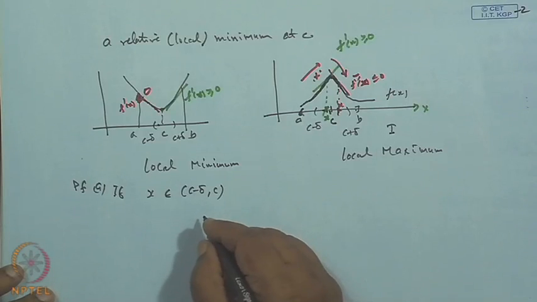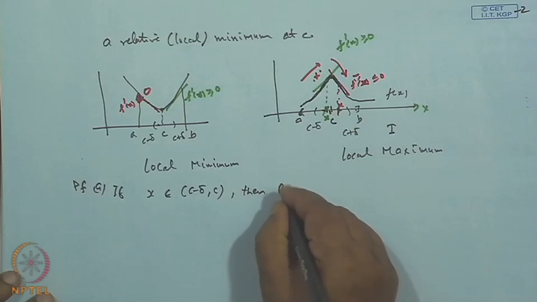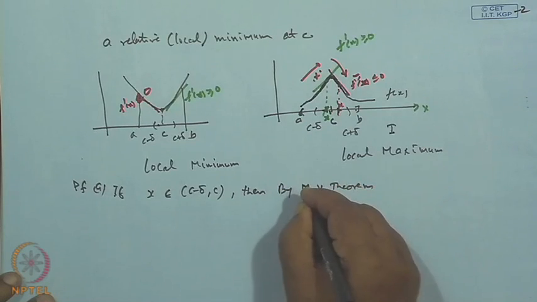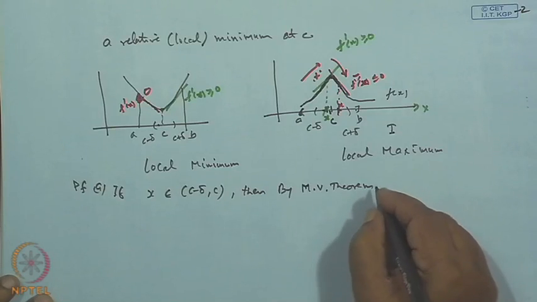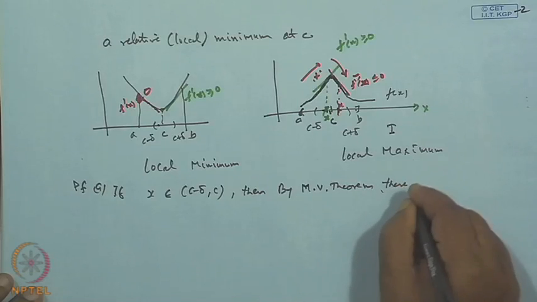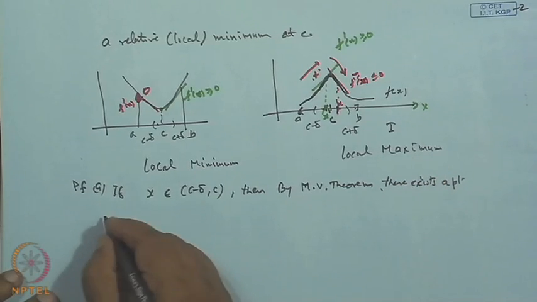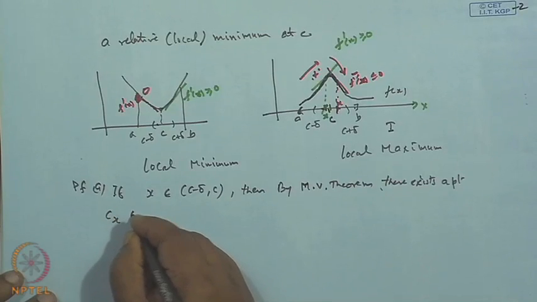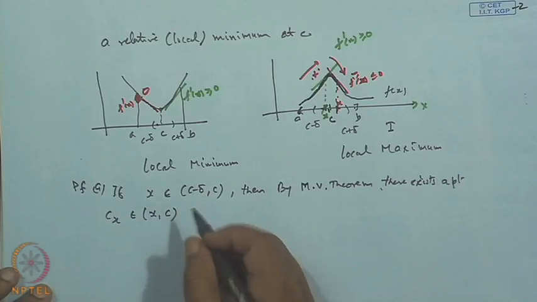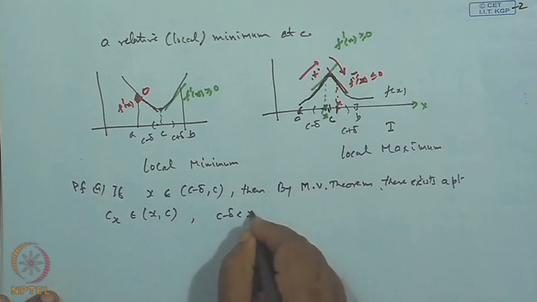Then by mean value theorem there exists a point c x in the interval x to c, where x lies between c minus delta and c.